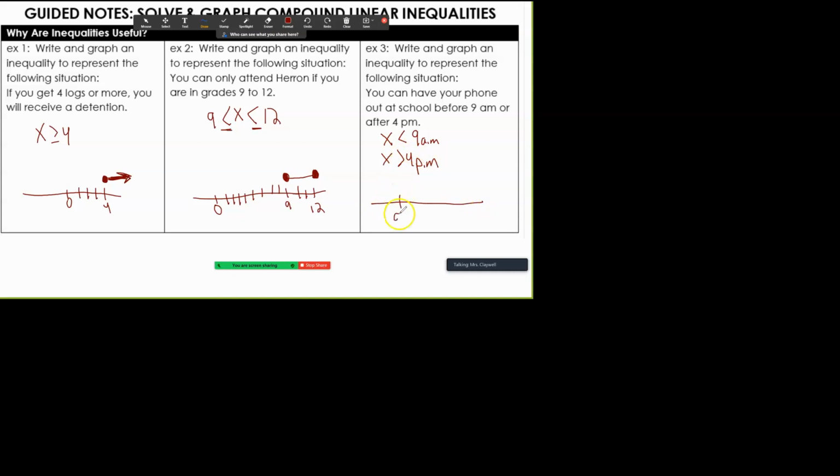On a number line, I'd have 9 a.m. and 4 p.m. I can't have it out at 9 because it should be away when class starts, but I can use before 9.